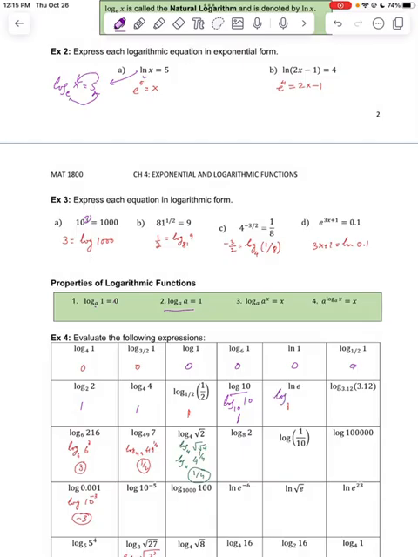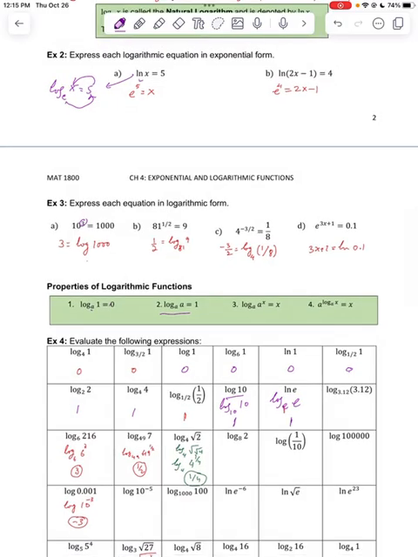Well, ln of e means log base e of e. So the same thing, so the answer is 1. Next one, you see log base 3.12 of 3.12, so it will be 1. So if the base and the number whose log you are taking are the same, then you get 1 as your answer.